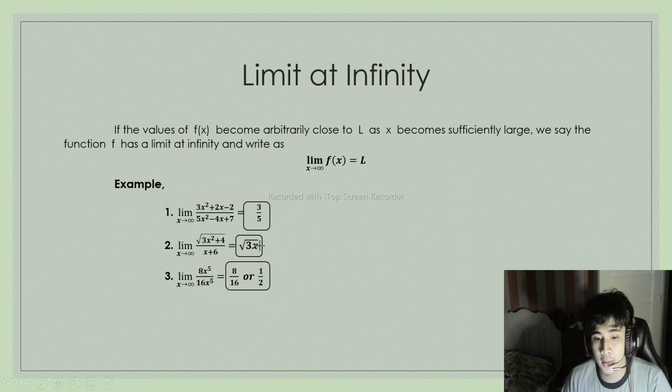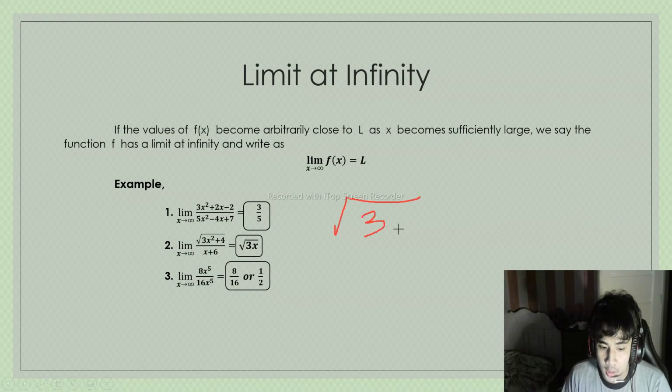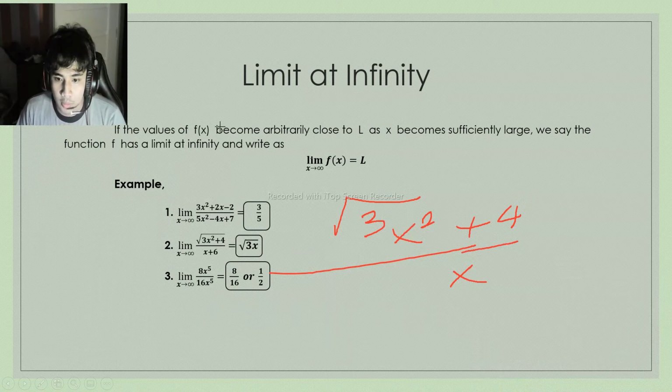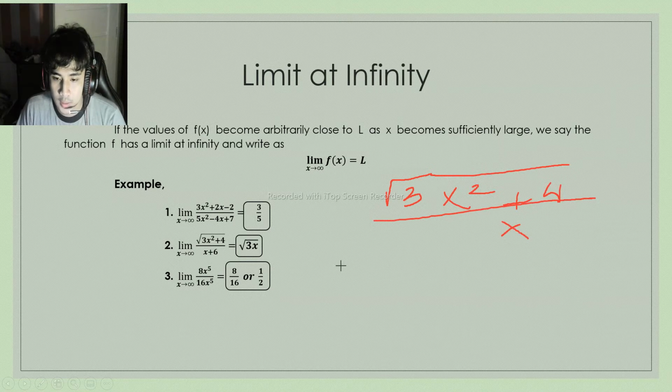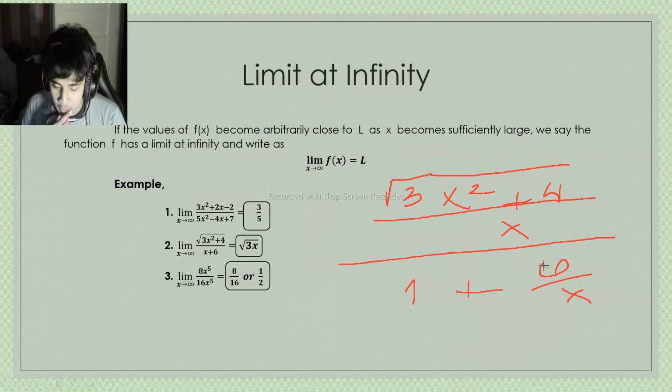So, first, we divide by the highest denominator power, and we get square root of 3x squared plus 4 over x, all over 1 plus 6 over x.